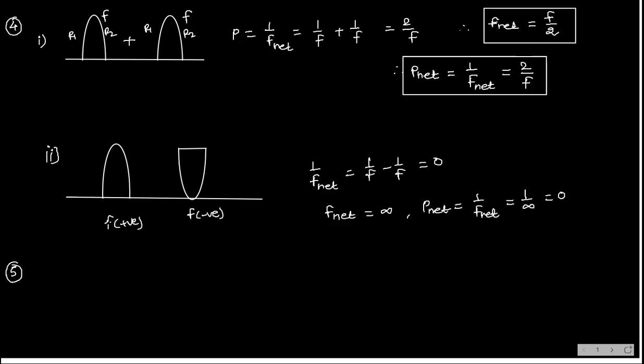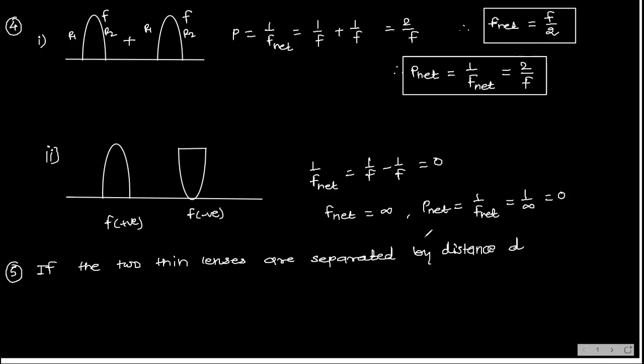See, if the two thin lenses are separated by distance d, means not in combination, they are separated by some distance, let us suppose that is d.